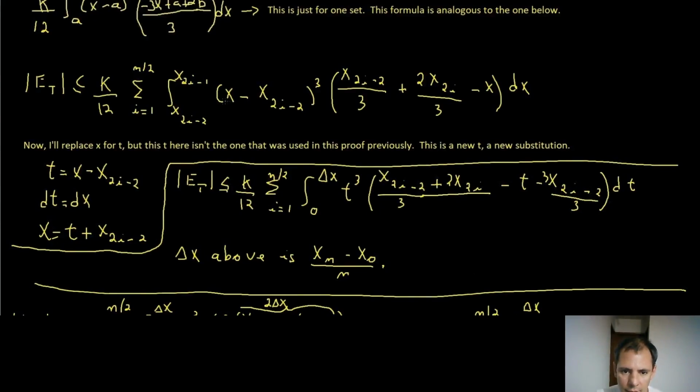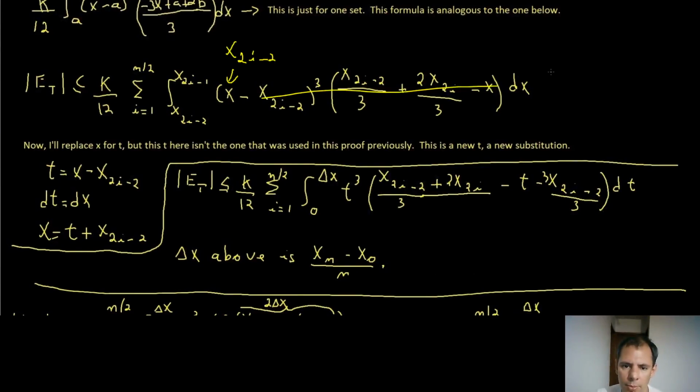And you have t cubed. Why? Because when x is, what is x? It is t plus x sub 2i minus 2. So when you plug x sub 2i minus 2 in here, minus x sub 2i minus 2, you get a 0.